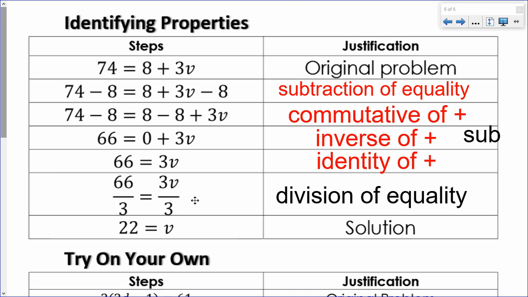What happened was we actually did the inverse property, and we'd say it was a multiplication, because when we divide by 3, it's the same thing as multiplying by 1/3, the reciprocal of the 3. Okay, so that's actually inverse of multiplication. And again, you can write in the substitution for the other side. The 66 divided by 3 gives us 22 if you want to, but inverse is what the main focus should be.